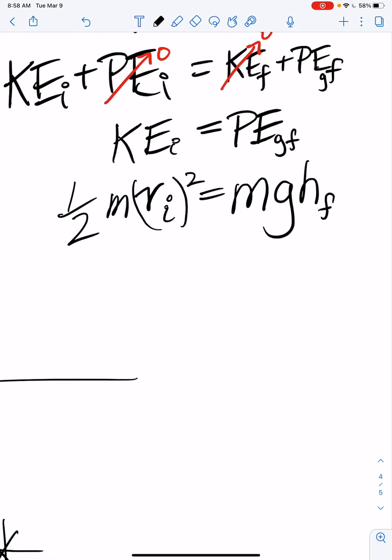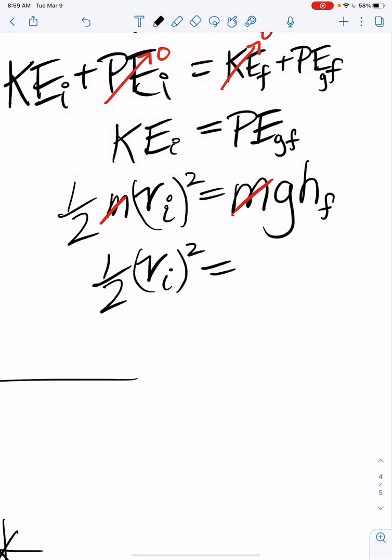All right, and once again, we notice that we can cancel the mass. So we can rewrite again: 1/2 v_i squared equals g h final. I think we're in the same place we were last time pretty much with this equality. Slightly different, but pretty much the same. But this time we're not solving for v_i, we're going to solve for h.